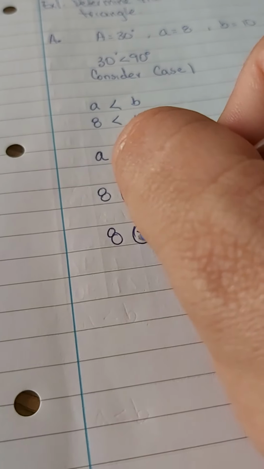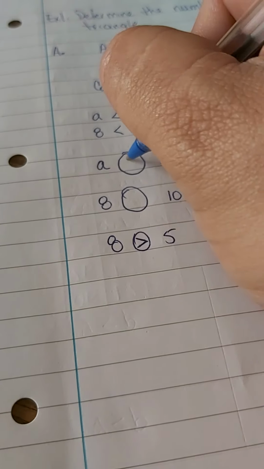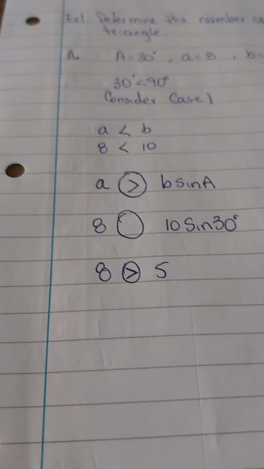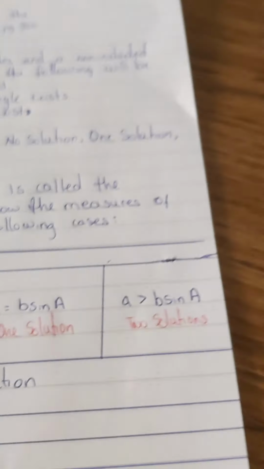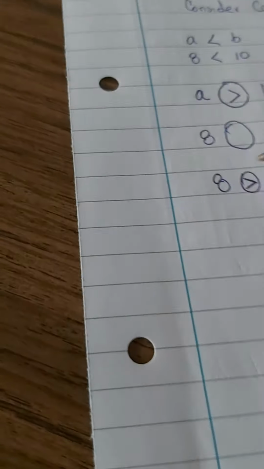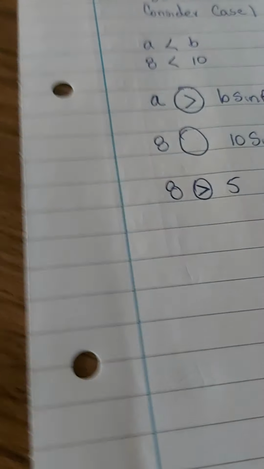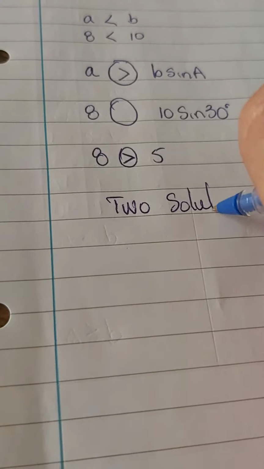In this case, A is greater than 5. So we're going to consider what happens when A is greater than B sine of A. It will have two solutions. So in this case, this will have two solutions.